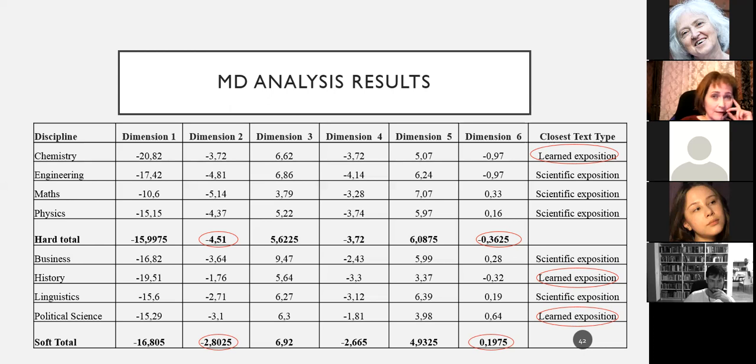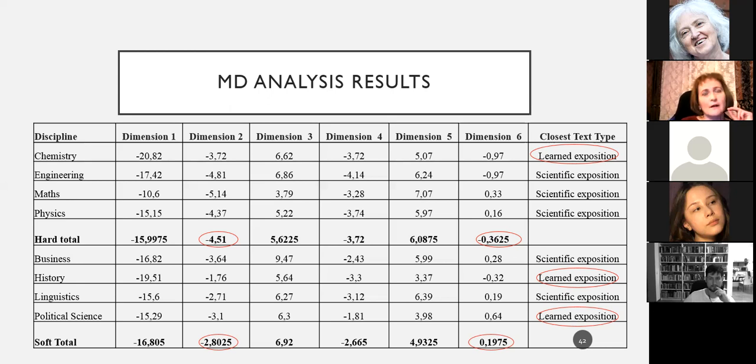Not surprisingly, hard sciences have larger scores, which means that hard science papers have a less narrative character than texts in soft sciences. As for dimension 6, hard sciences are on the negative pole of this factor, meaning that they are more concerned with integrated informational discourse and employ more phrasal coordination features than soft sciences.